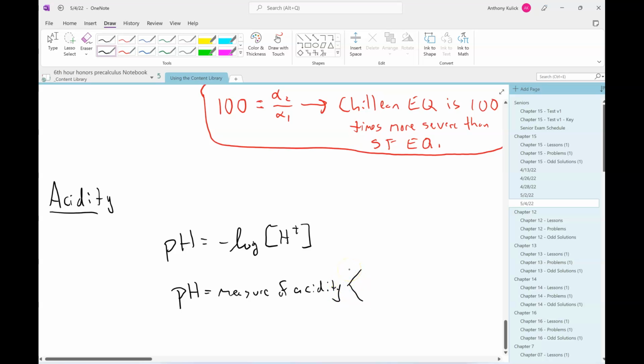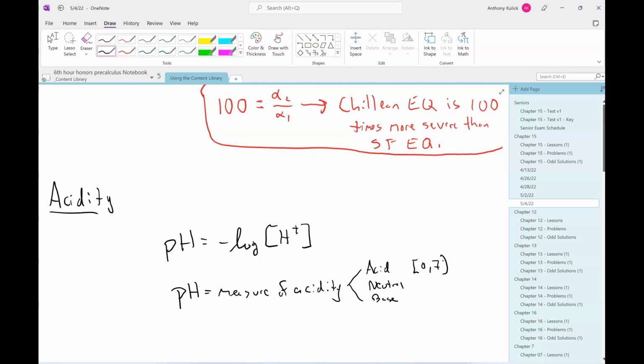What does it run from? 0 to 14. Okay. And there are kind of three things, right? There's acids, there's neutrals, and there's bases. What pH measurements indicate an acid? So we'd say 0 to 7, like that. Notice I'm using set notation there, so including 0 but not including 7.